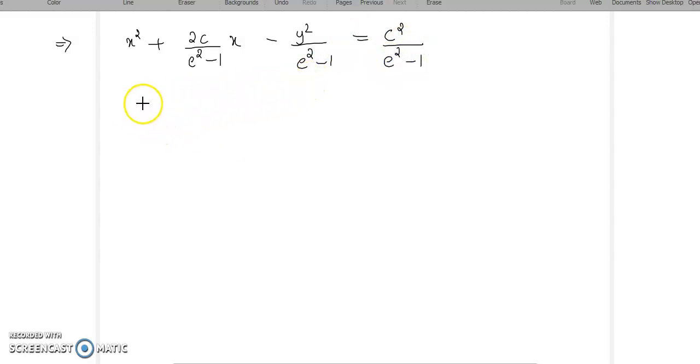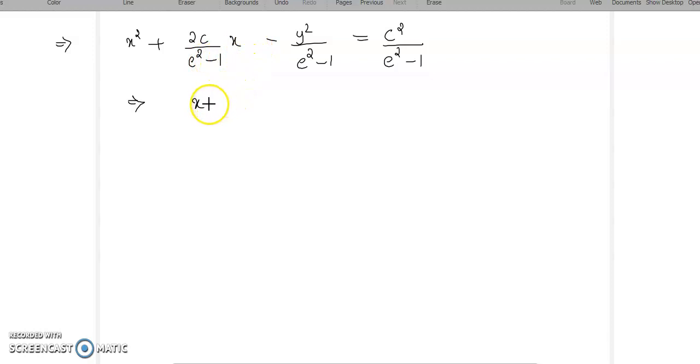And now this can be simplified, so I can complete the square here. Add and subtract C by E square minus 1 whole square.